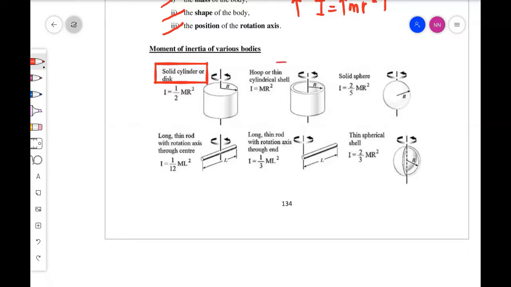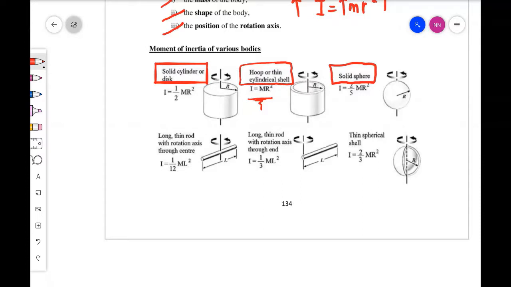And then for hoop or thin cylindrical shell, the formula is I equals mr squared. So formula ni sama dengan formula general untuk moment of inertia. And then solid sphere, I equals 2/5 mr squared.